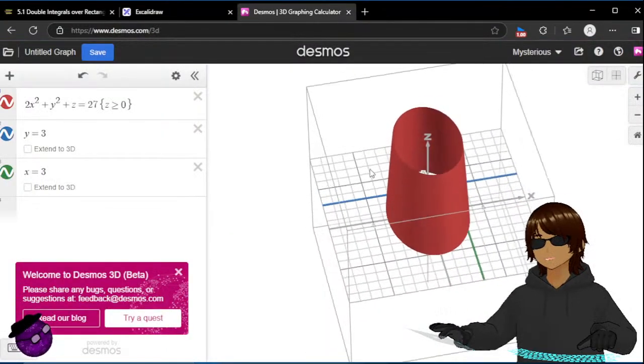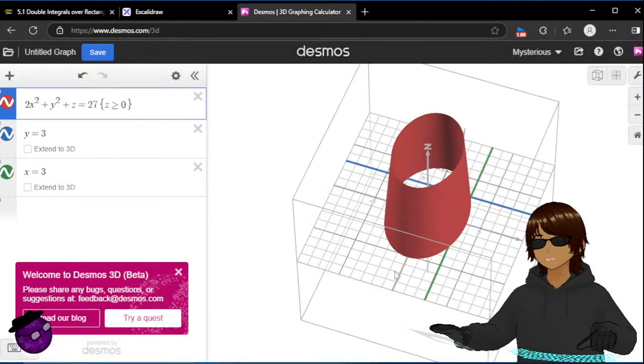And the three coordinate planes. I think by coordinate planes they mean the xy plane, the xz plane, and the yz plane.